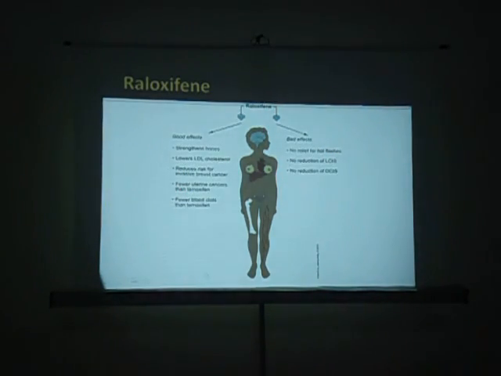That's why I put this diagram again and again. It strengthens the bone, lowers LDL, reduces the risk of invasive breast cancer and uterine cancers, with fewer blood clots than tamoxifen. Bad effects, hot flashes, are not that much. Lobular carcinoma in situ and ductal carcinoma in situ are types of breast cancers whose cancer effects are not controlled sufficiently.